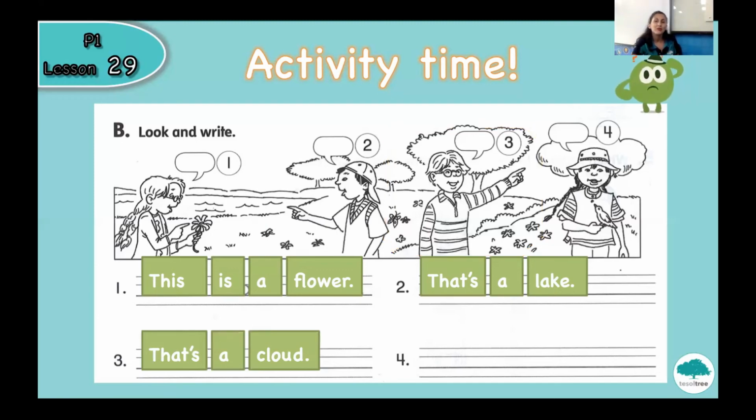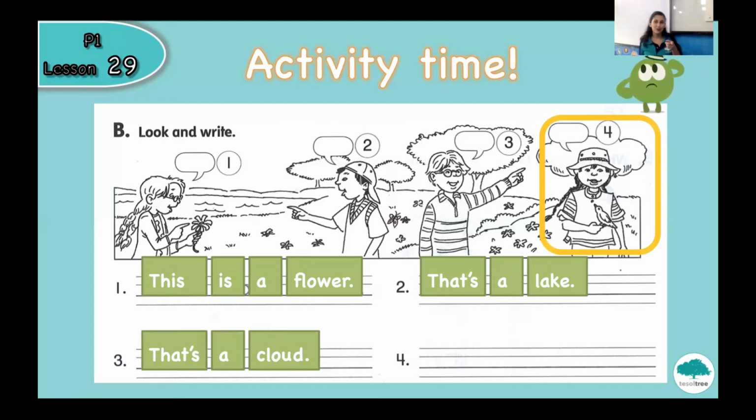Let's do our last picture together. Have a look. Picture number 4. There is a girl and what do you see on her finger? It can fly. It's a bird, right?